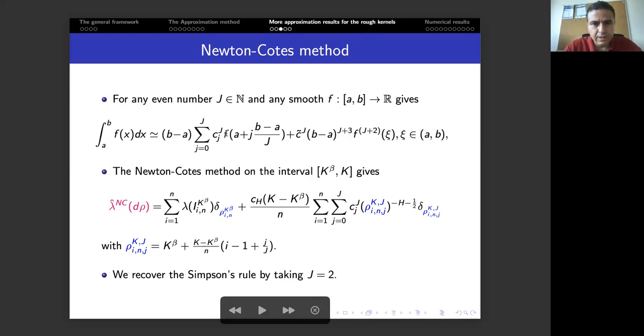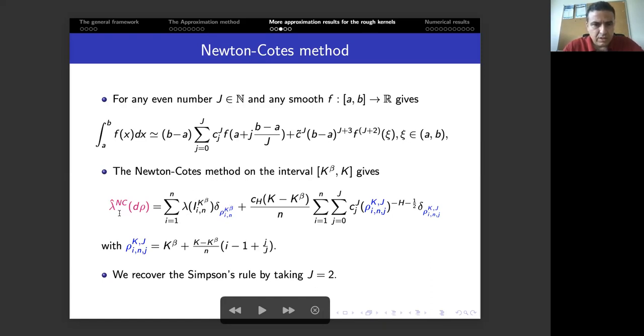It is given by a sum from 0 to j over these particular points, where each c is a point lying between a and b. The Newton-Cotes method will be applied as before only on the interval k to the power beta to k, and on the interval 0 to k to the power beta we keep our Riemann sum.